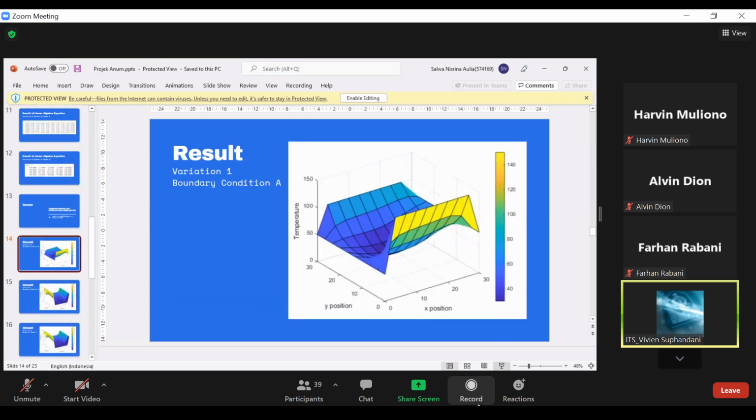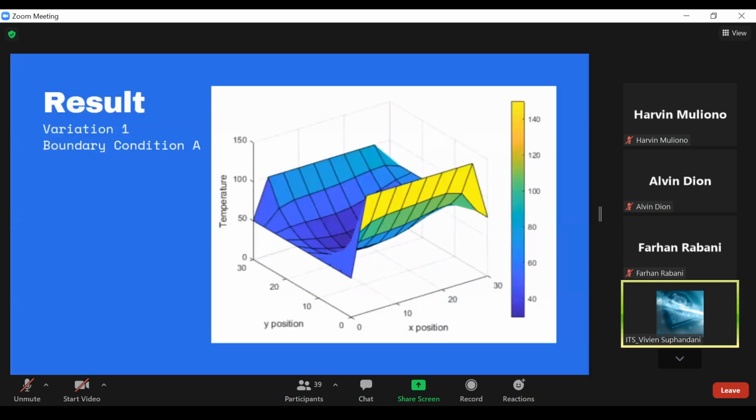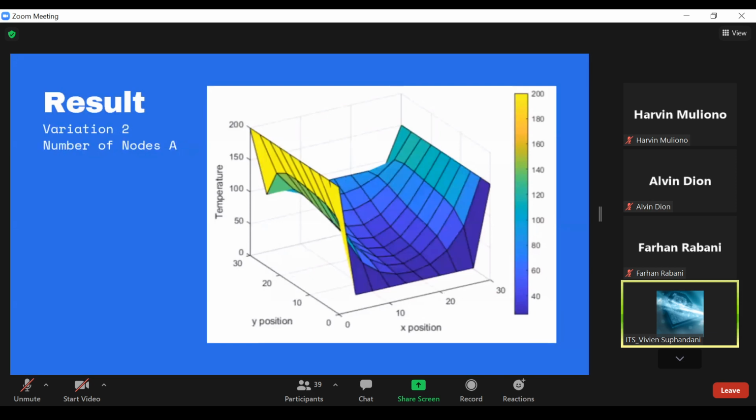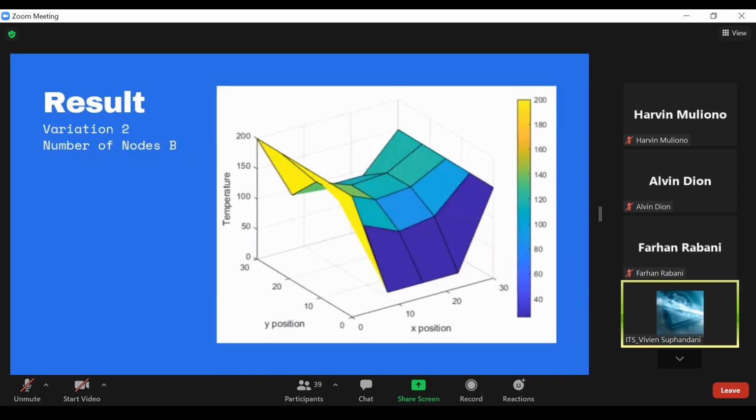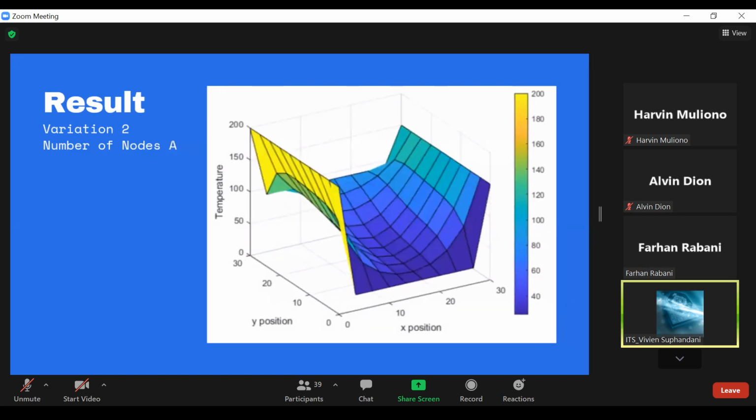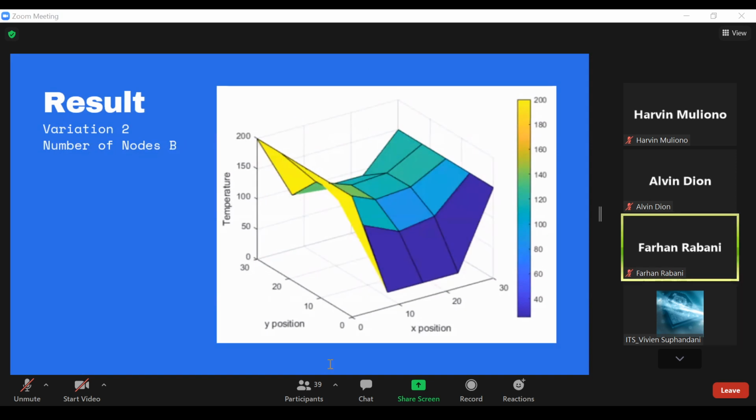So a total of 4 variations? 2 boundary conditions, and the second variation it's only 3, number of nodes, nodes A and B, so a total of 4.